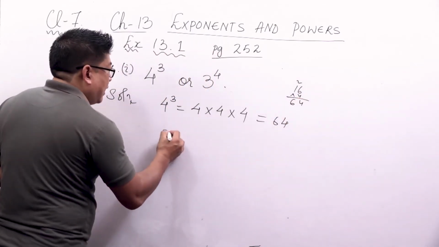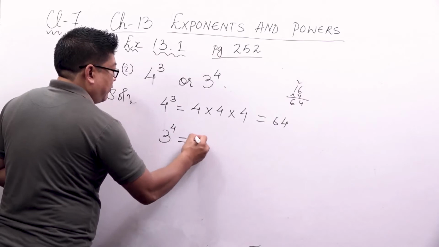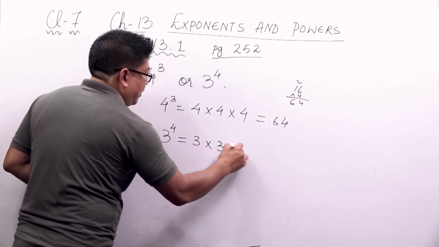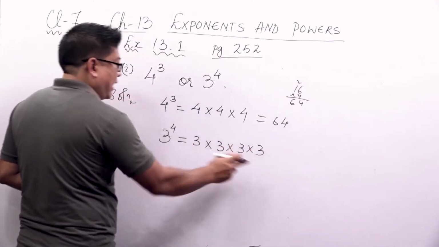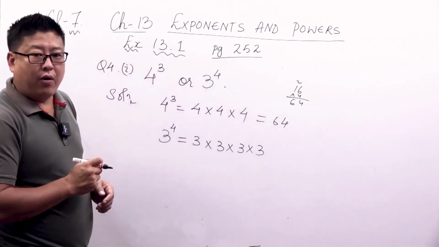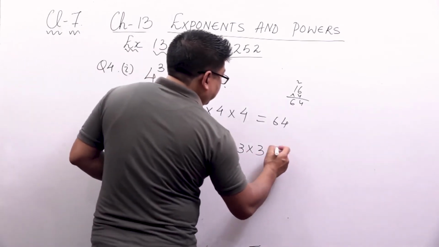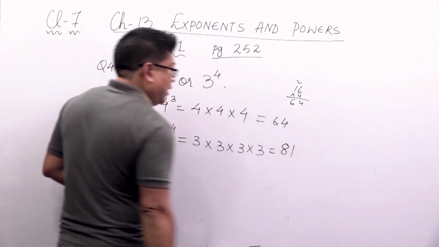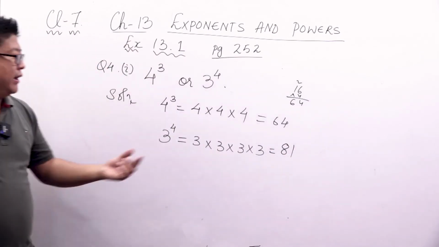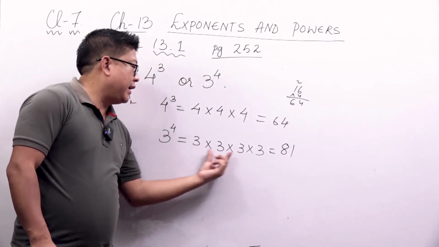All right? Now let's check 3 to the power 4. That means 3 into 3 into 3 into 3, 4 times because the exponent is 4. So 3 into 3, 3 into 3, you're getting 81. 3 3 is a 9, 3 3 is a 9. 9 into 9, 81.